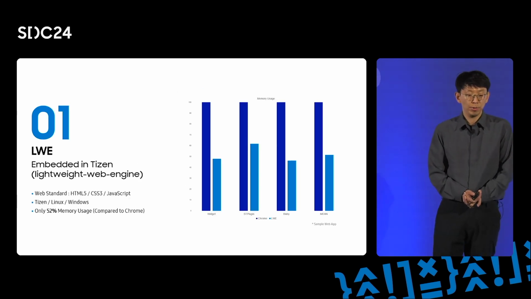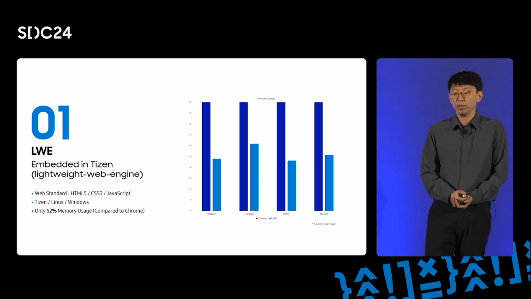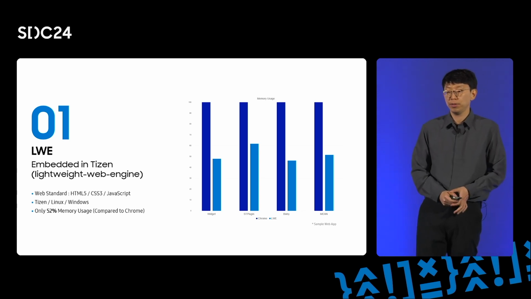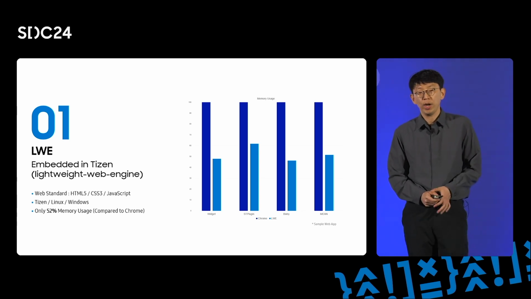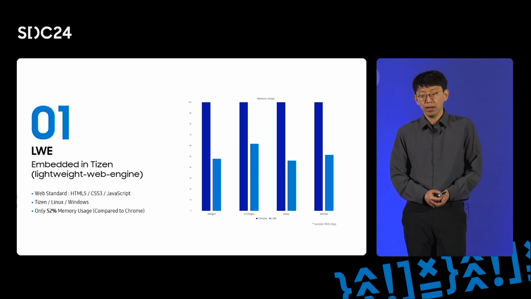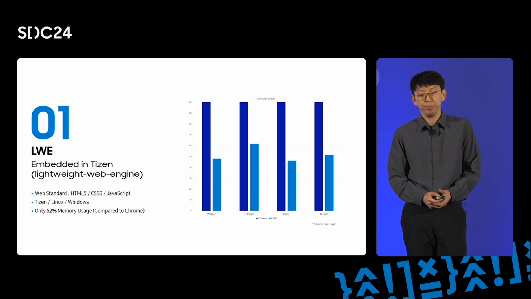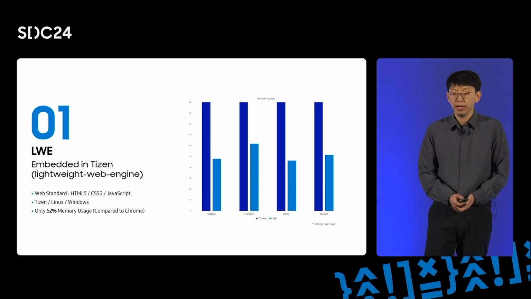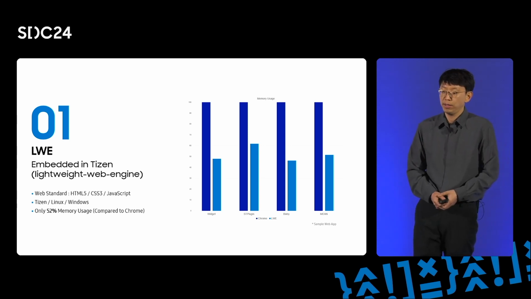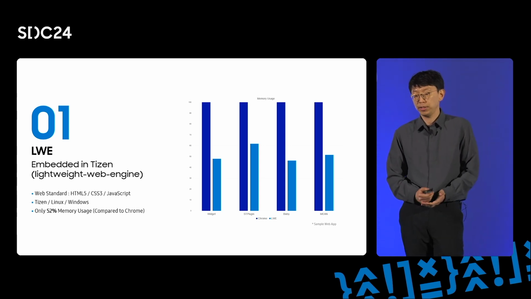The first one is LWE. LWE is currently included in Tizen under the package name Lightweight Web Engine. It supports core web standards such as HTML5, CSS3, and JavaScript. Additionally, it is compatible not only with Tizen, but also with Linux and Windows environments.